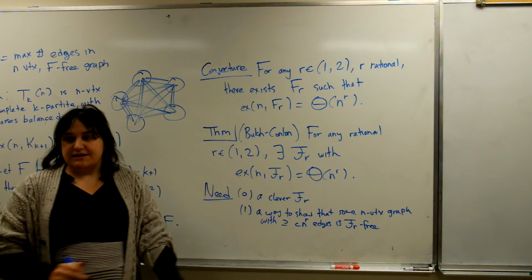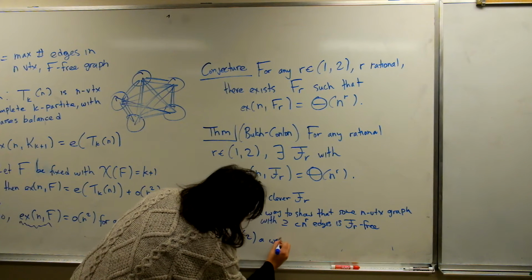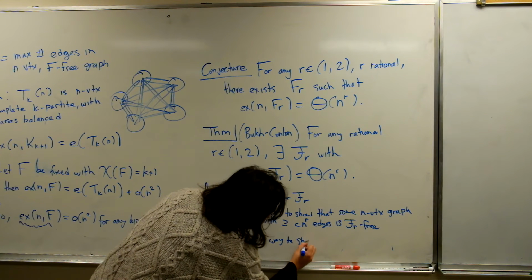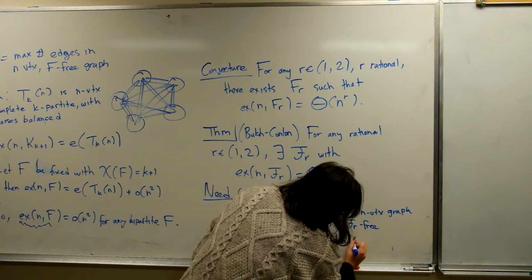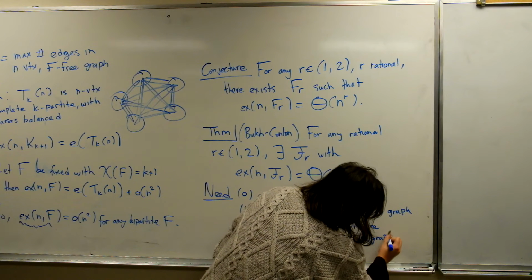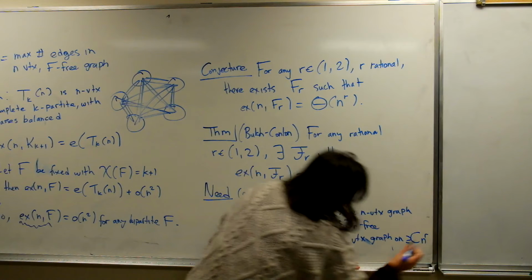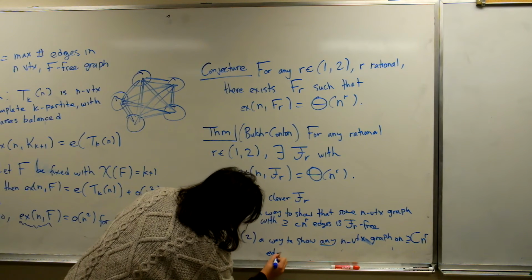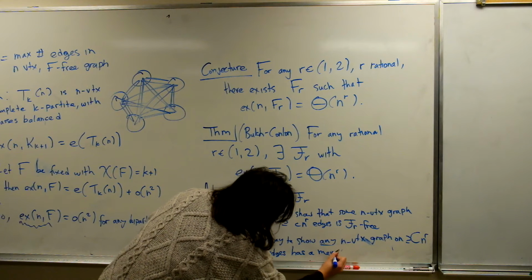That'll show a lower bound. And two, a way to show any n vertex graph on at least big C n to the r edges has a member of F.